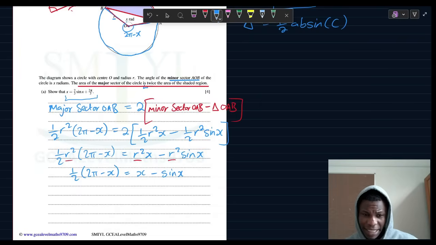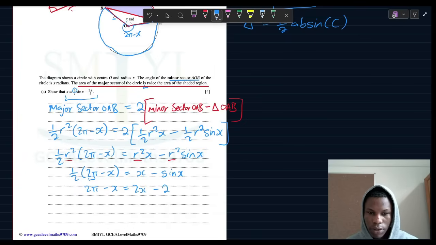I think I'm going to multiply both sides by 2 because I can see there's a 2 next to the sine x, and I know that I need to keep this 2 on the pi because of that. And so it feels natural for me to multiply both sides by 2. So let's do that. We get 2 pi minus x is equal to 2x minus 2 sine x.